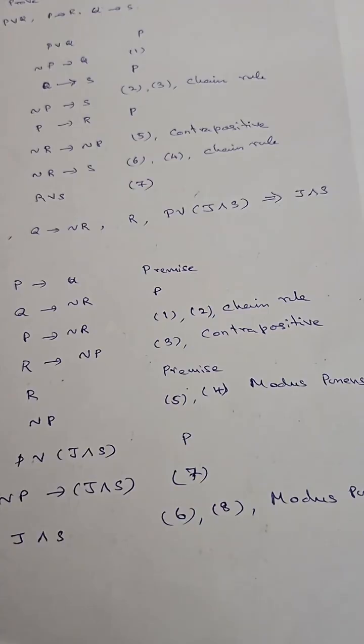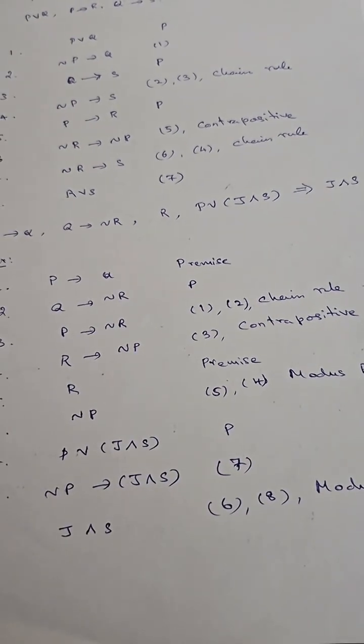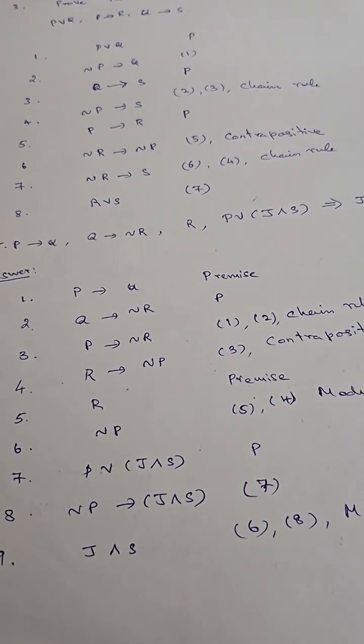So using P to Q, Q to negation R, and P or J and S, we derive that J and S is true. Here step number 1, P to Q, this is a given premise, and Q to negation R, again a given premise.